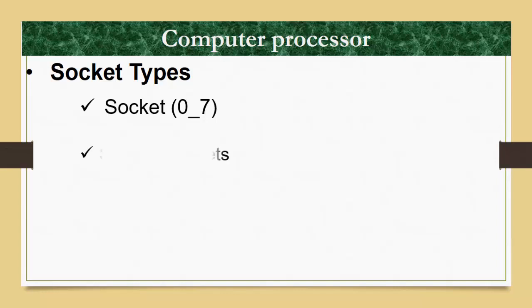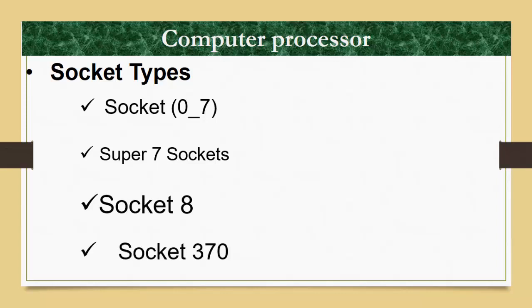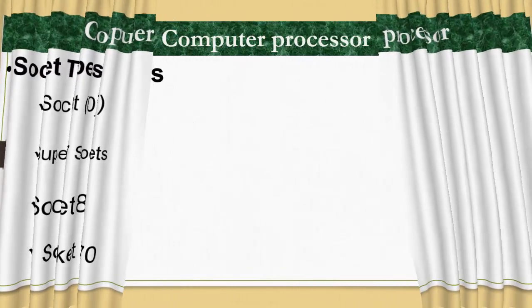After socket 7, we have the Super 7 sockets, and after that a socket called socket 8, and the last type of socket is socket 370. Their characteristics are different from each other, such as their usage of electricity, and also their pins are different from each other.